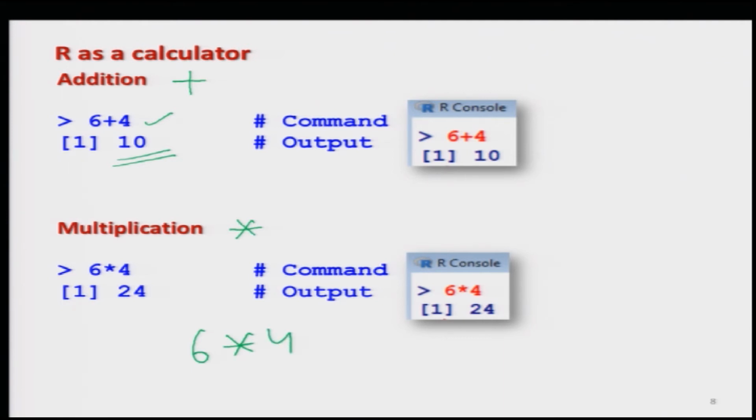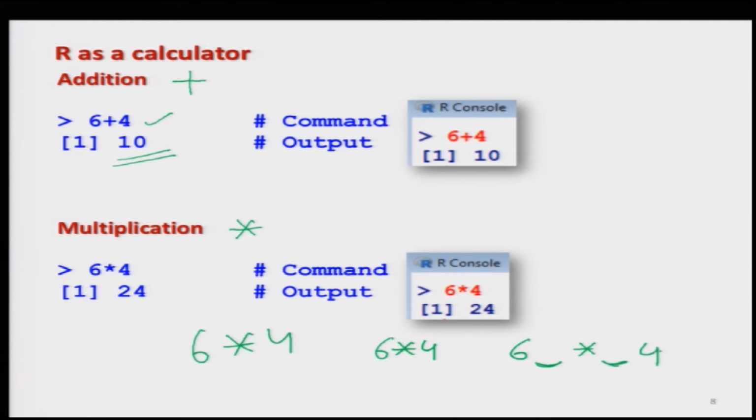I just want to make it clear that there is no issue with a blank space between the two numbers. For example, if I want to write 6 times 4, I can write 6*4 continuously, without any blank space between these three values, or I can write 6, blank space, star, some blank space, and 4.